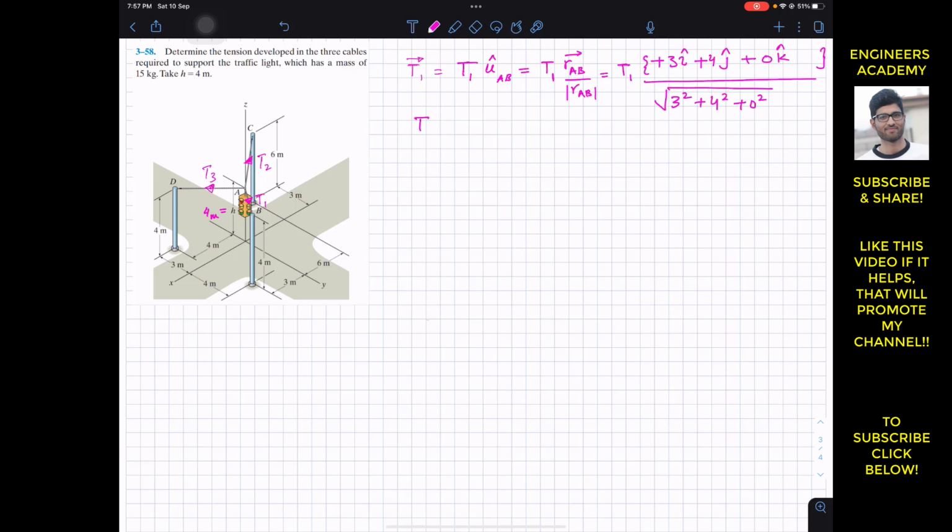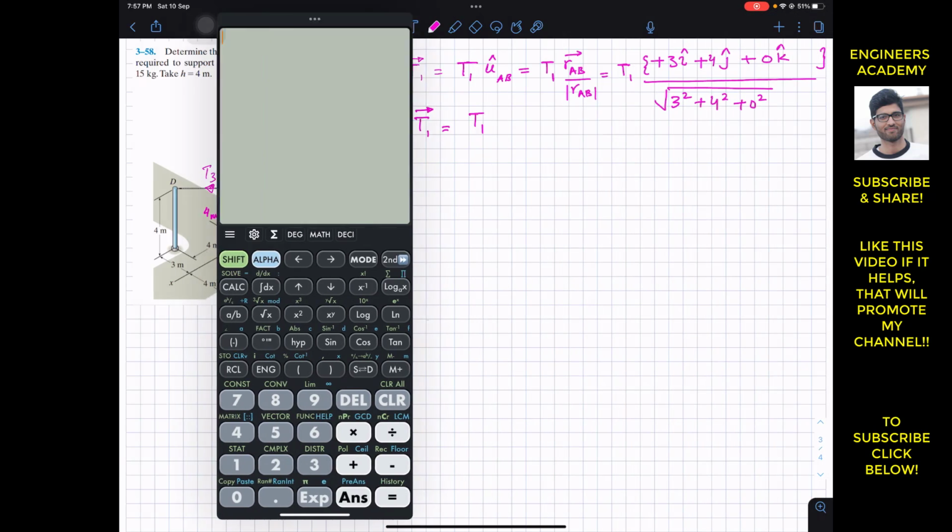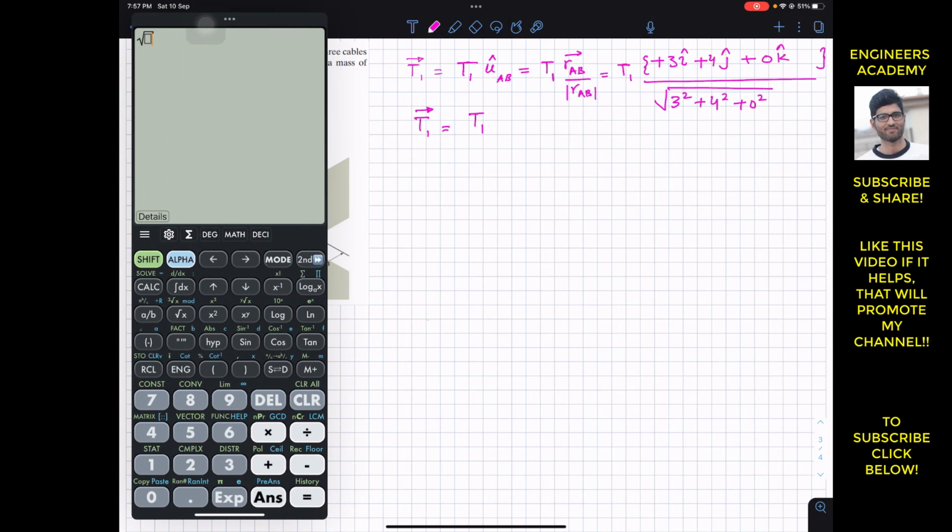So this T1 vector is equal to T1 times the magnitude, where 3 squared plus 4 squared plus 0 squared gives 5. So we can say this is T1 divided by 5 multiplied by the position vector.